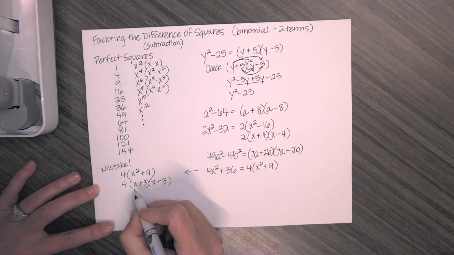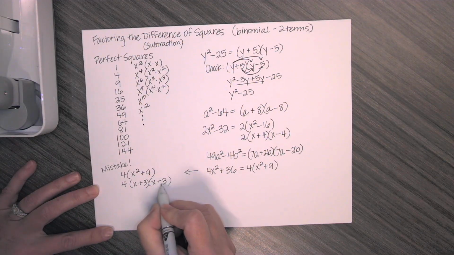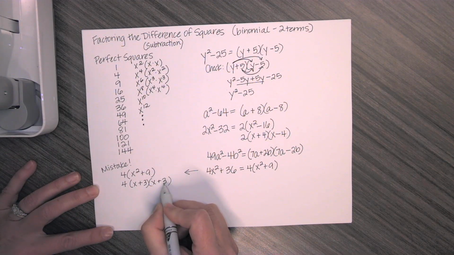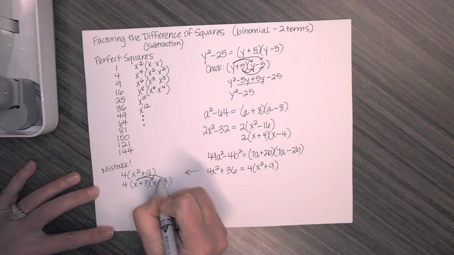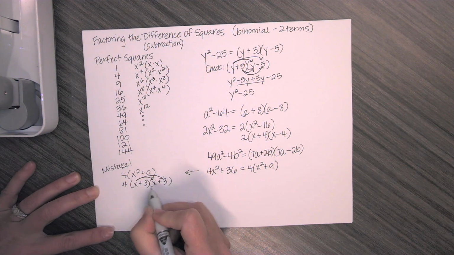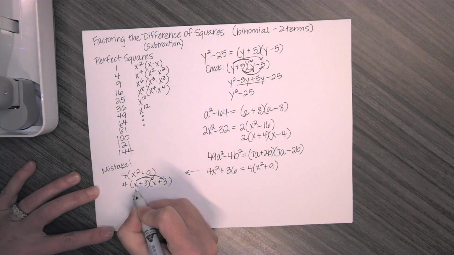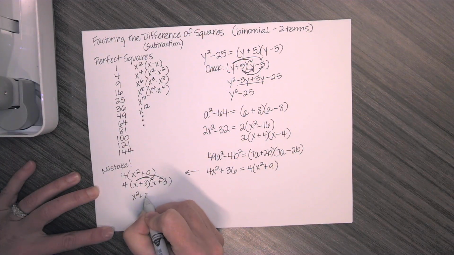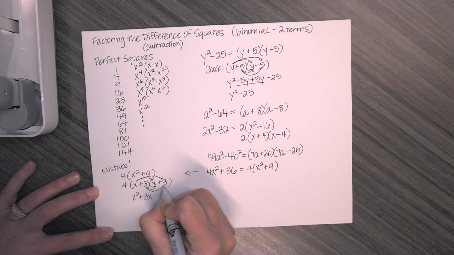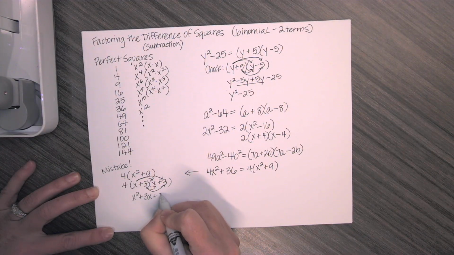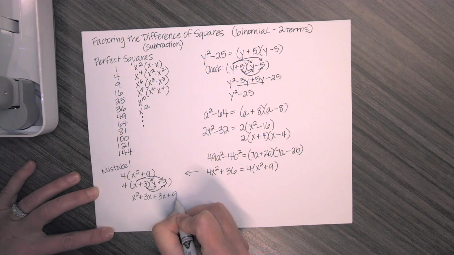Okay, well, I'm going to show you if I distribute these two out and multiply them back together, it's not going to give me x squared plus 9. So let's look. X times x is x squared. X times 3 is 3x. Then I come back and I distribute the positive 3. Positive 3x plus 9.